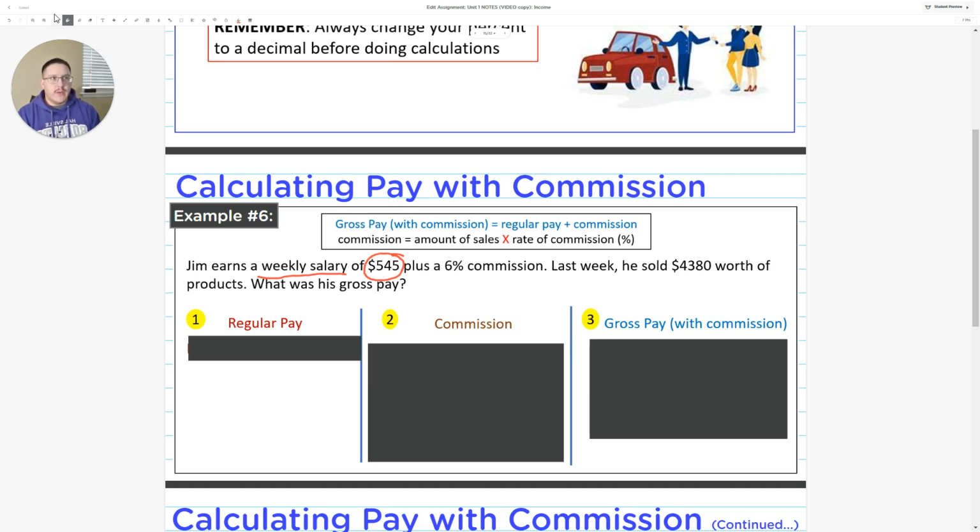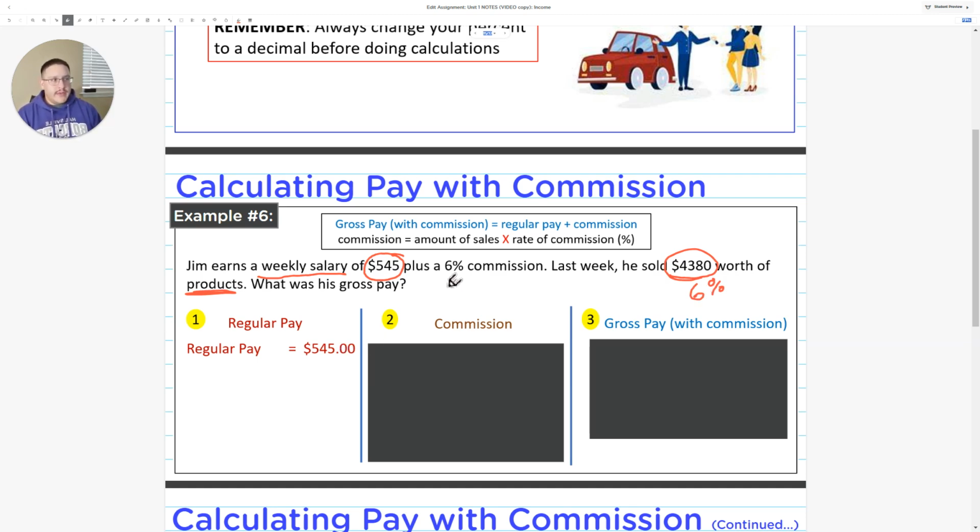That's his weekly salary. Nothing to calculate there. However, commission is 6% of sales. Last week, he sold $4,380 worth of products. So he's going to get a 6% commission off of those sales.